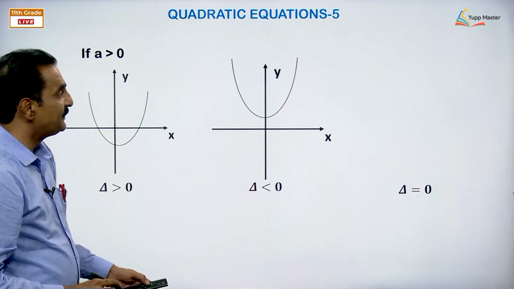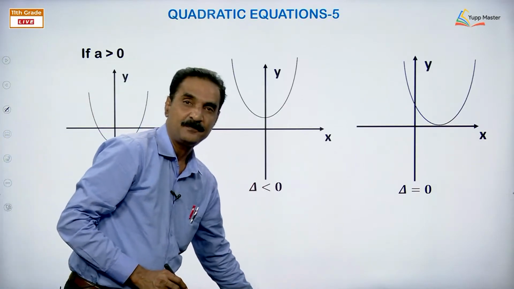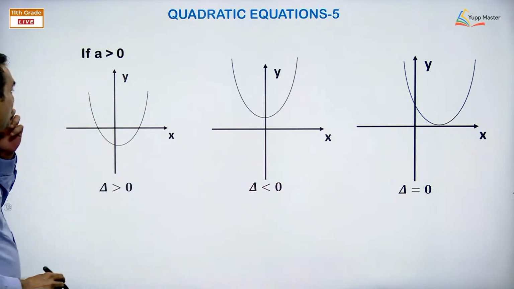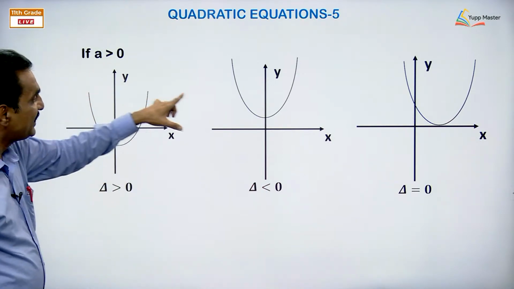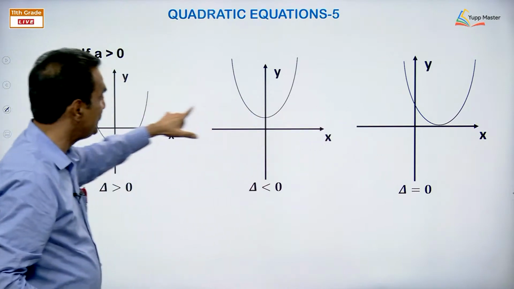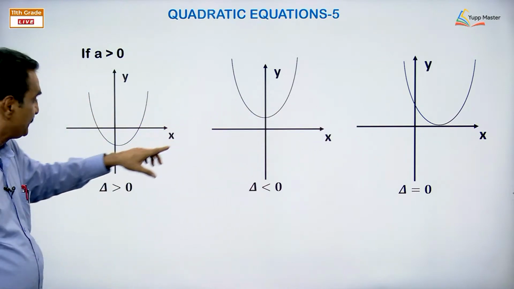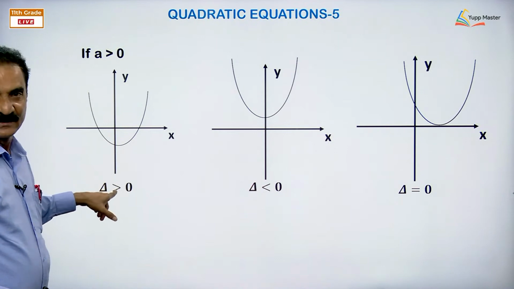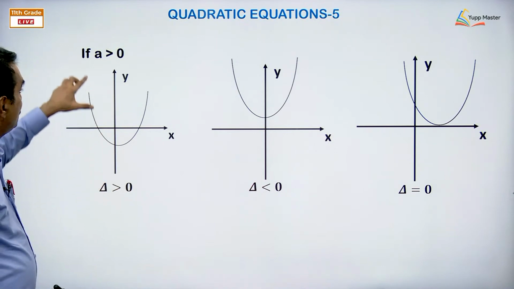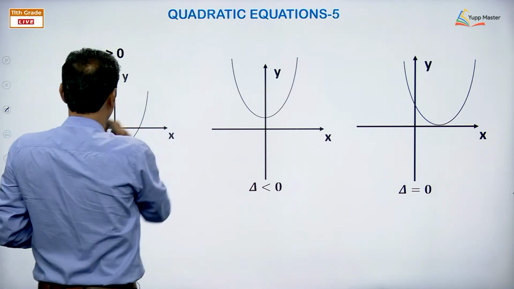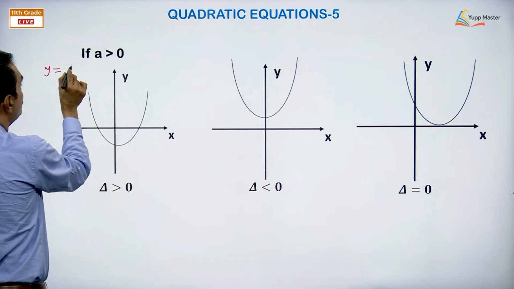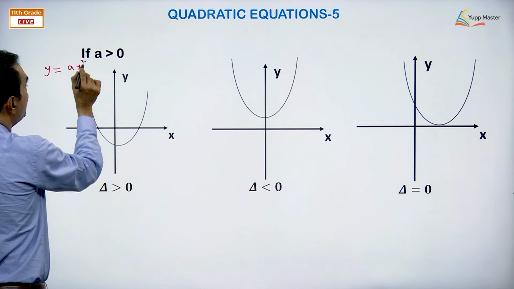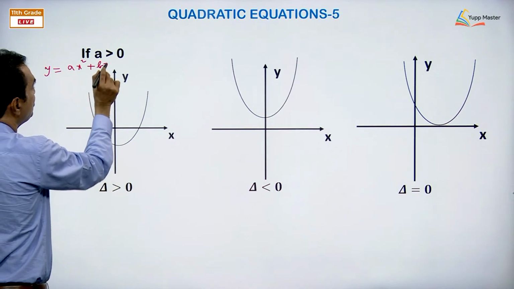Now, let us see various positions of the parabola. If a is greater than 0, then concavity will be upwards. It can be in any one of these three positions. This is the graph of y is equal to ax square plus bx plus c.